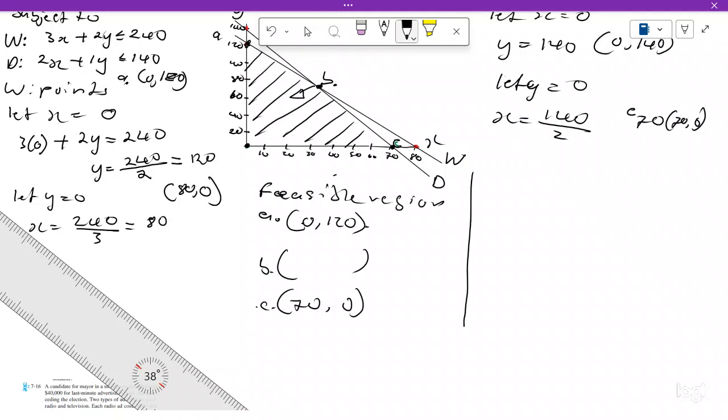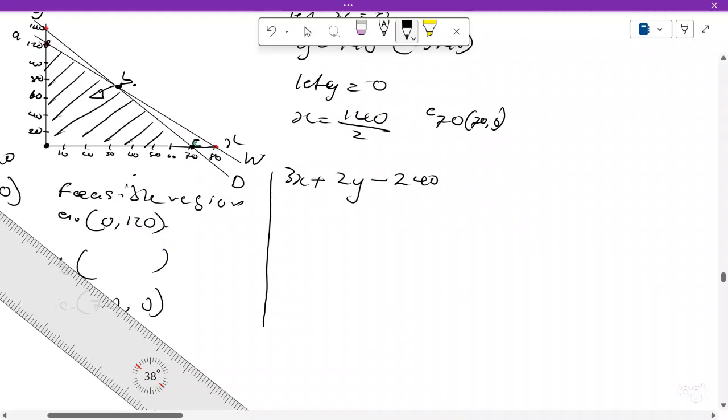Now equation 1, which is 3x plus 2y minus 240, we have to bring the 240 this side because we are trying to equate them, equals to 2x plus y minus 140.